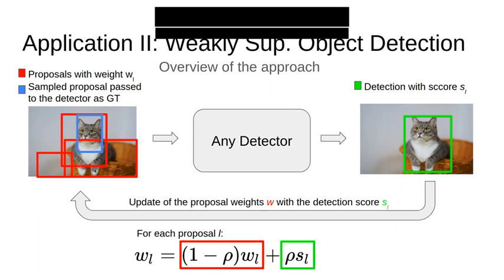So at the end of the training, if everything went well, we will have samples that will mostly focus on the object of interest. So we will end up training with good ground truth that is learned during training.